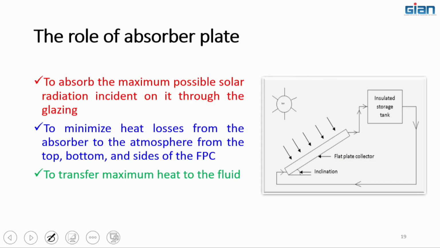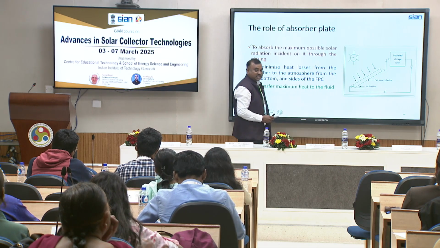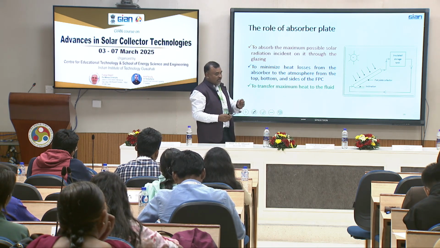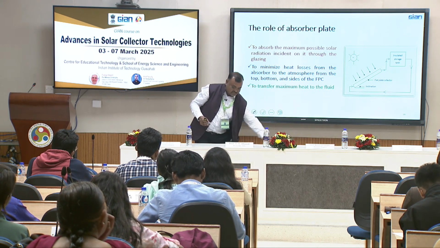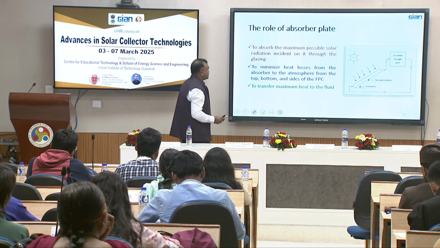And absorber plate is there to maximize the solar radiation incident on the plate. Okay. So, how to maximize the solar radiations? That's the challenge. Can we make some kind of selective coatings? Of course, selective coatings are now costly. So, this is something like one kind of plastering you can just place over the plate, and that will increase the efficiency of the systems.